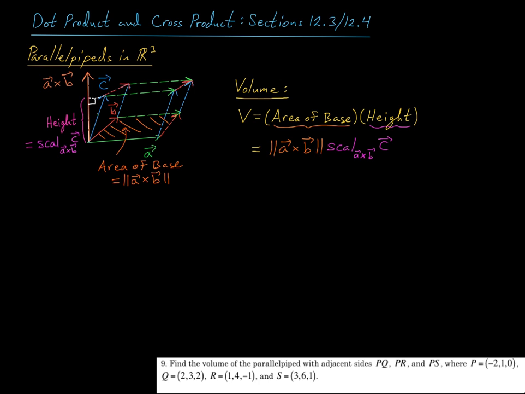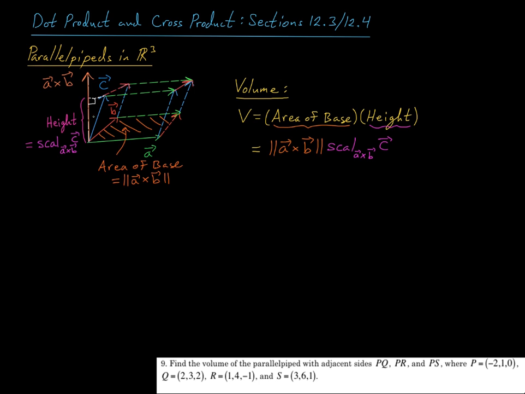Now, as long as the angle between C and the cross product vector is acute, like you see here in this figure, the height will be the scalar projection of C onto the cross product vector. Remember, the scalar projection, generally speaking, is the signed magnitude of the projection.